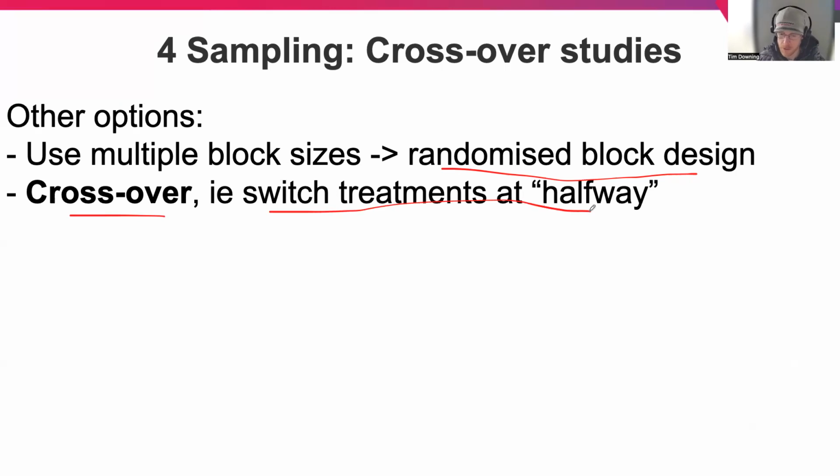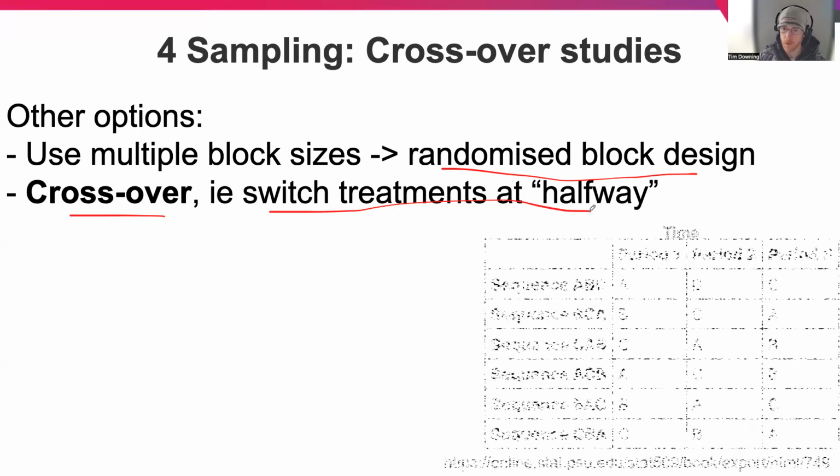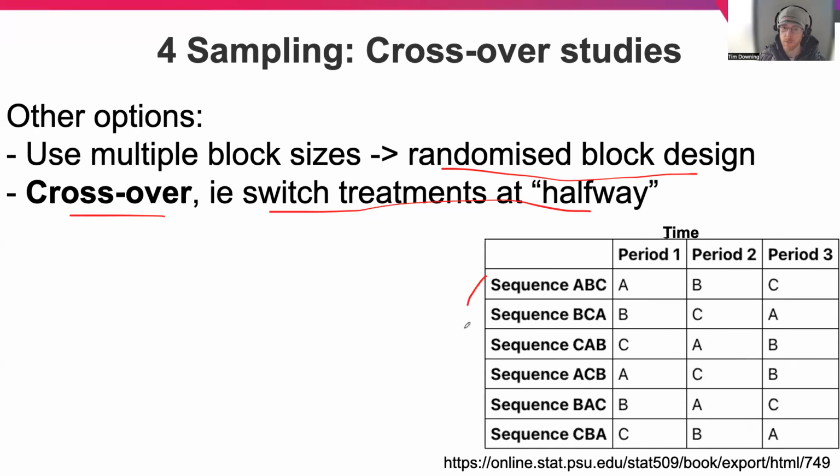Let's say we only have 6 cattle, for example, and they're listed down here on this axis. Over time periods 1, 2, and 3, cattle 1 will undergo treatment A, then B, then C. And cow number 2 will have treatment B, then C, then A. Then so on for this one: CBA, ACB, BAC, CBA.